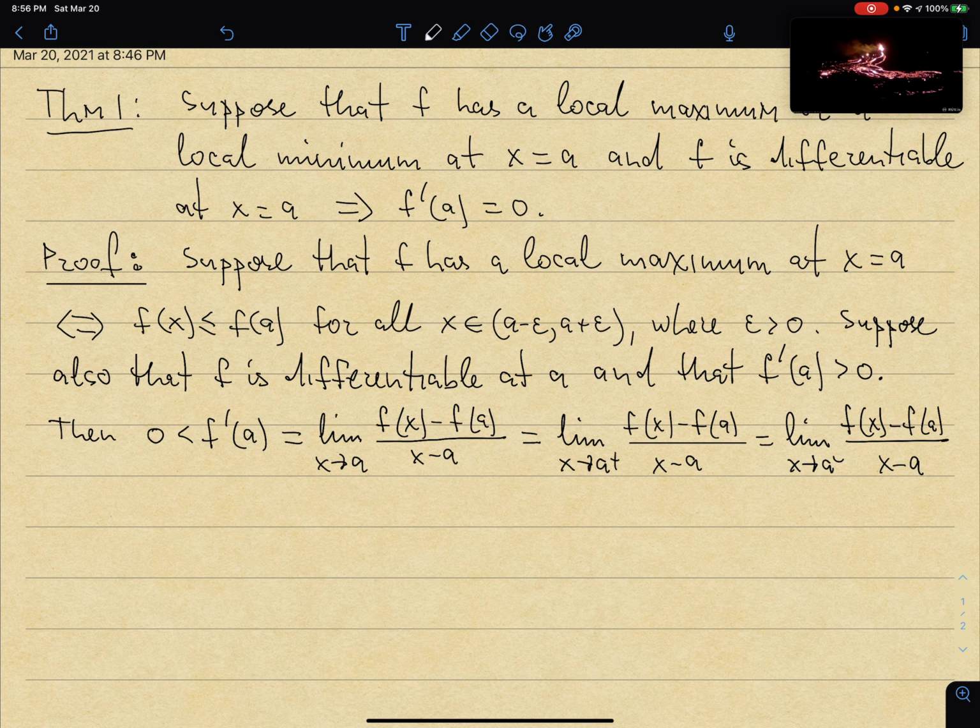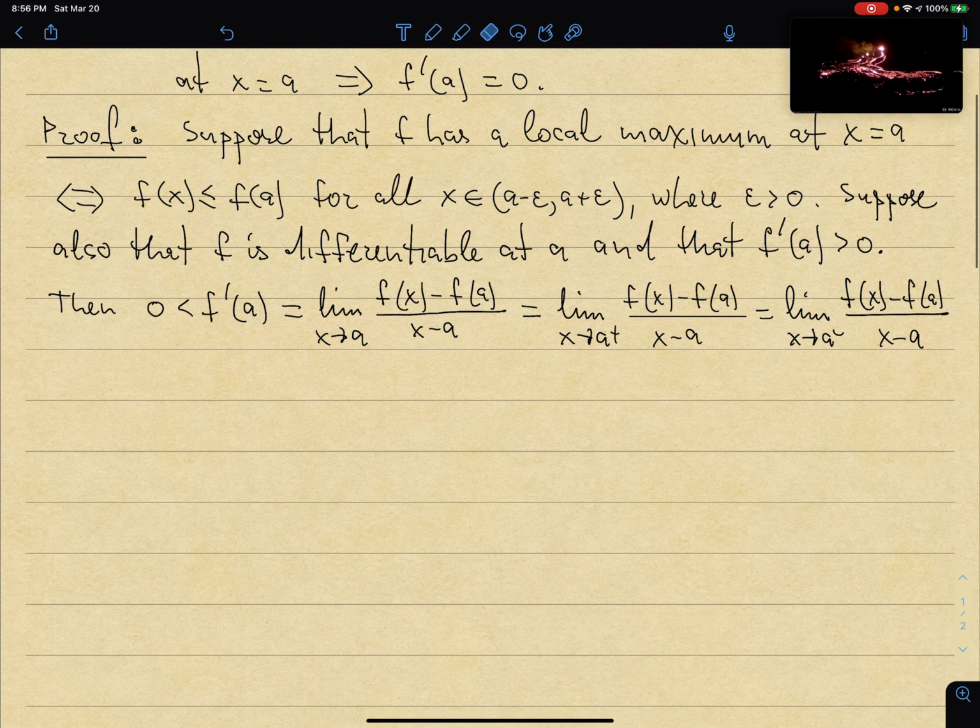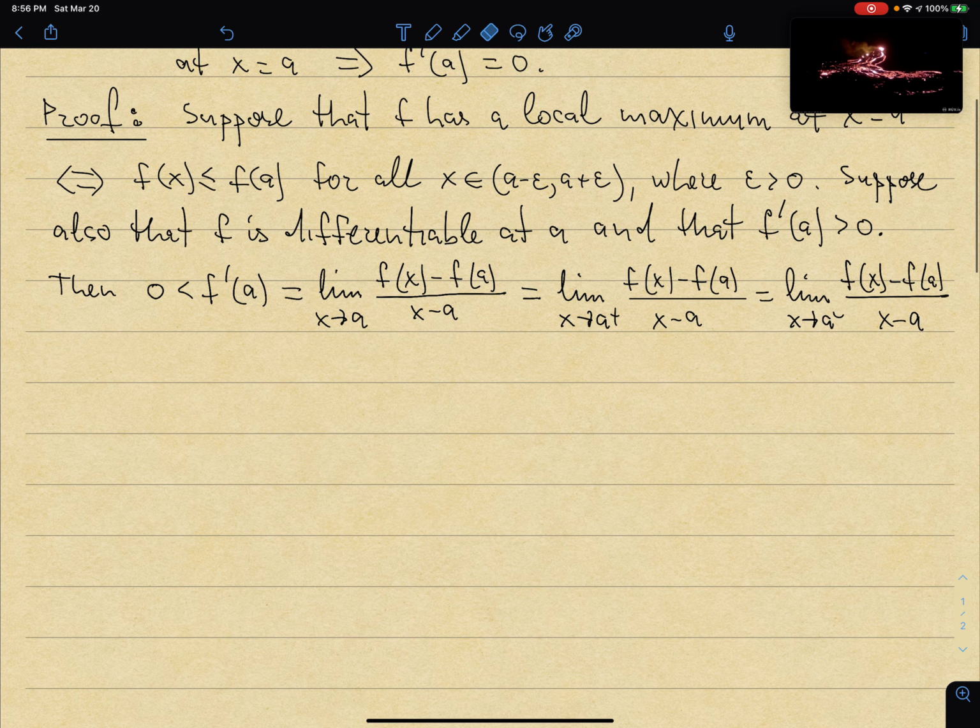Okay, so I'm going to take a look at the limit from the right. So let's consider, what am I going to get from here?